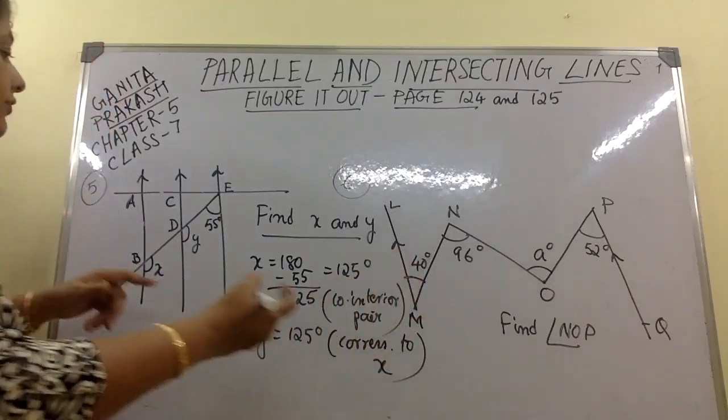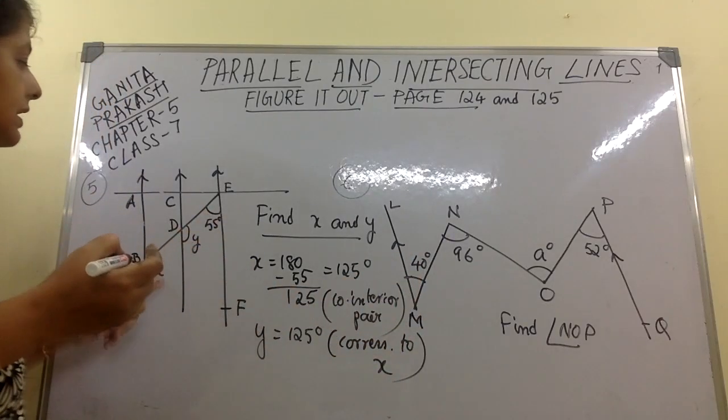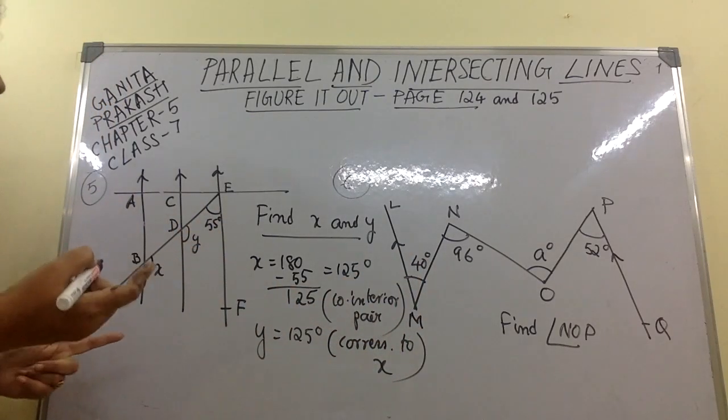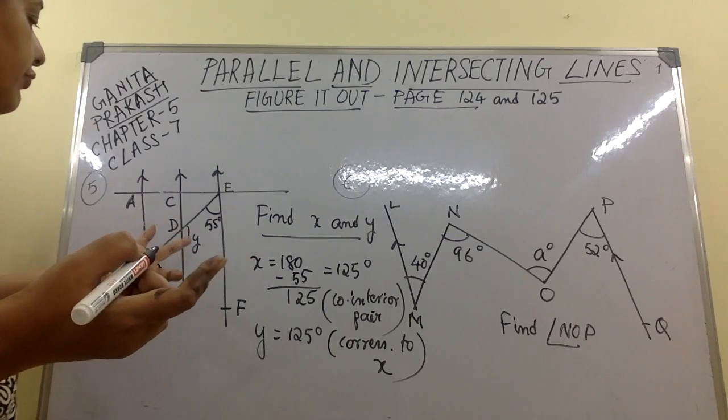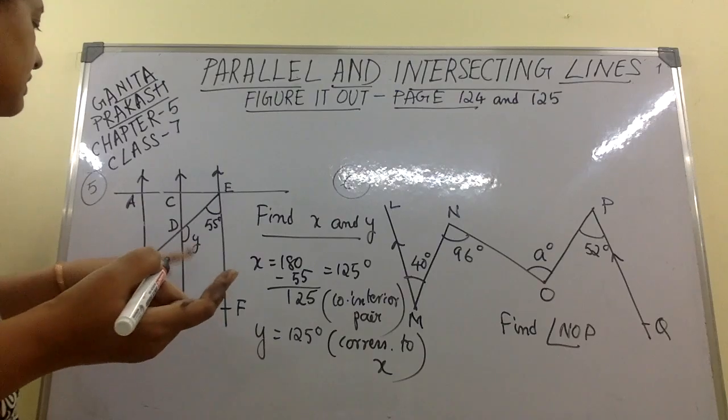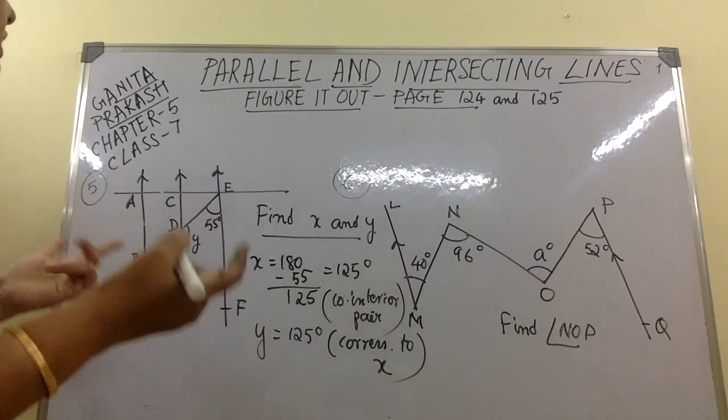That much is enough. So we got both the angles x and y clearly. We could have got y first also, no problem. We could have got y as 125 and made x corresponding. That also could be done.